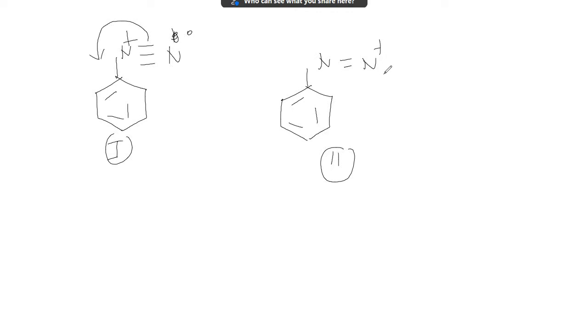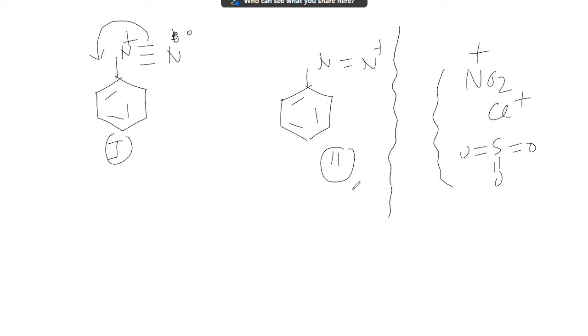Now I will discuss the difference of this diazonium cation from other electrophiles. Suppose NO2 plus or Cl plus or SO3, which we have discussed so far. These are more or less strong electrophiles, so they can readily attack the benzene nucleus. In benzene this substitution reaction takes place, but the diazonium cation is a poor electrophile. Write it properly, poor electrophile.